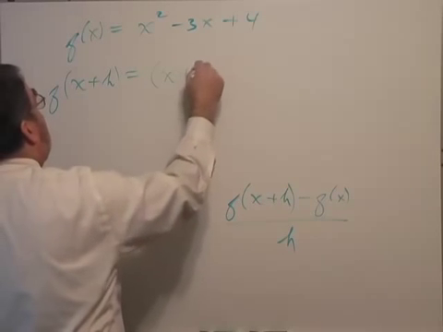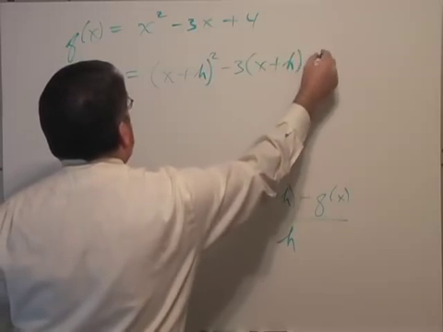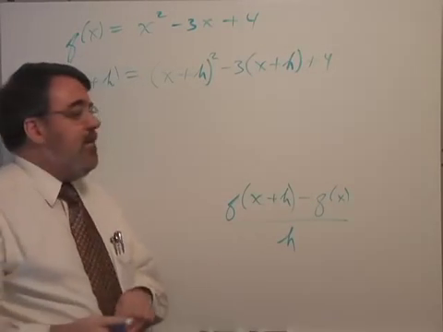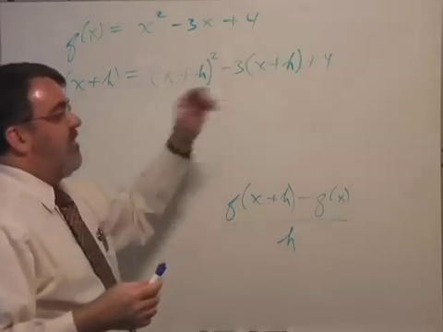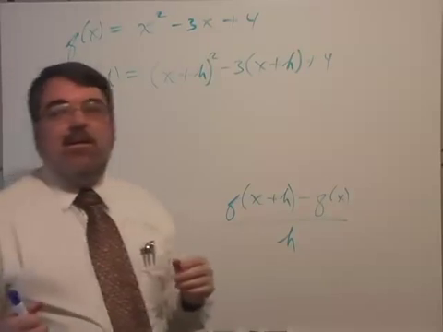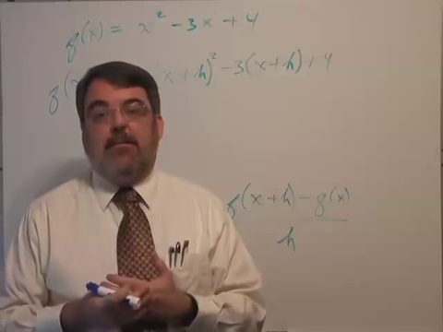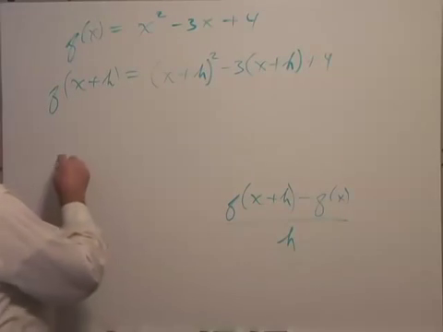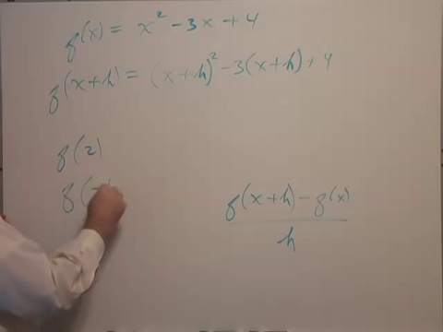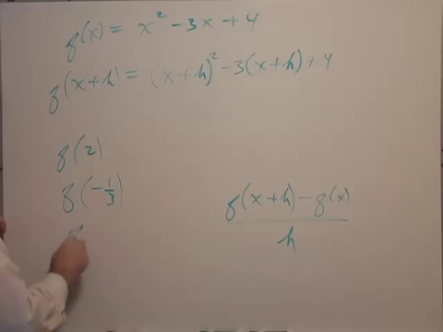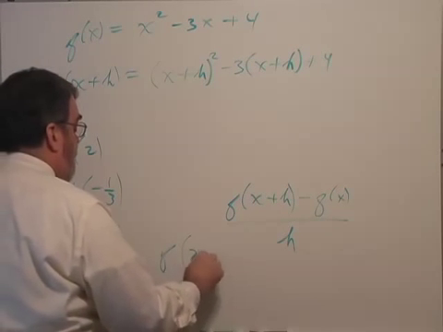So this becomes x plus h squared minus 3 times x plus h plus 4. And then you can go from there. This can be simplified, but that wasn't my purpose. I just wanted to show you that this notation is pretty flexible. We can look at numbers being inputted, we can look at letters being inputted, or combinations of all that.